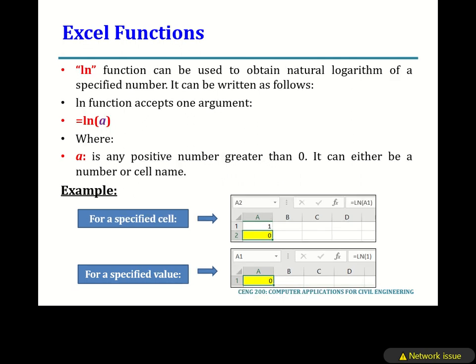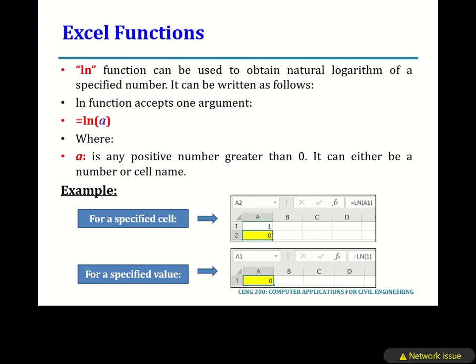This is LN. LN, again it's in your calculators as well. LN is which log? L is log, right? So N is which log? There are two types of log, LN and LOG.